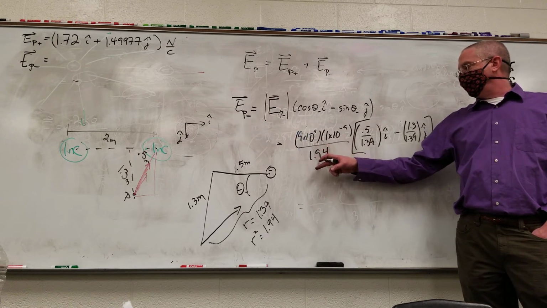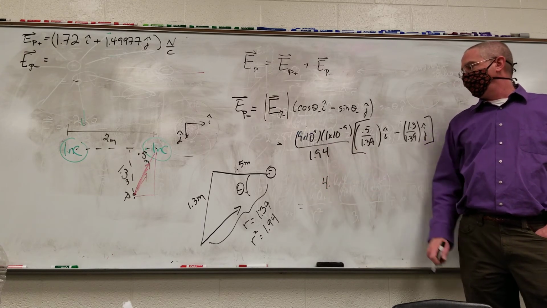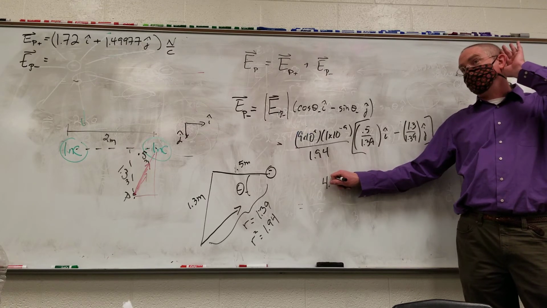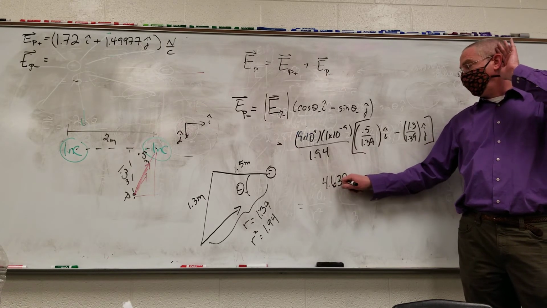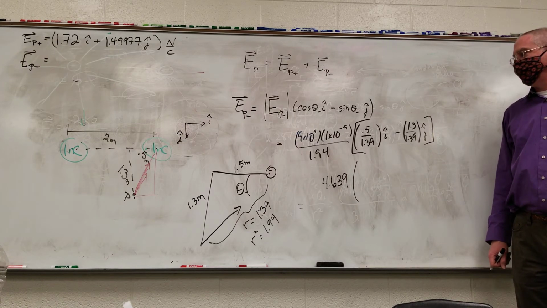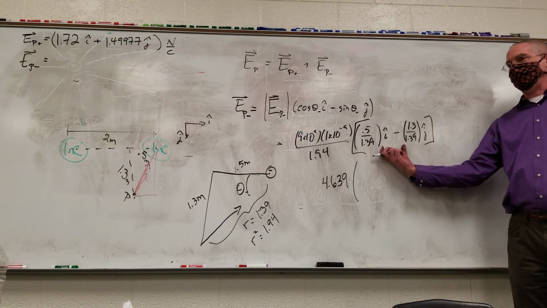So magnitude is 4 point something. 4.639. Isn't it negative 4.639? It's magnitude. Oh, it's magnitude, yeah, you're right. The negative sign is directional, we're taking that into account right here.